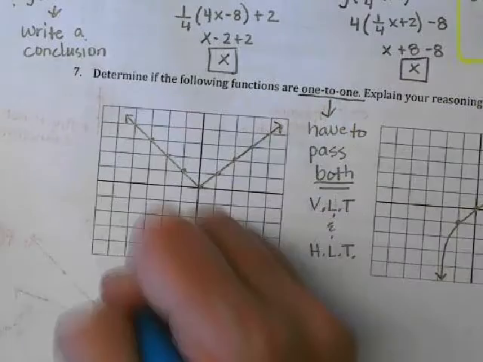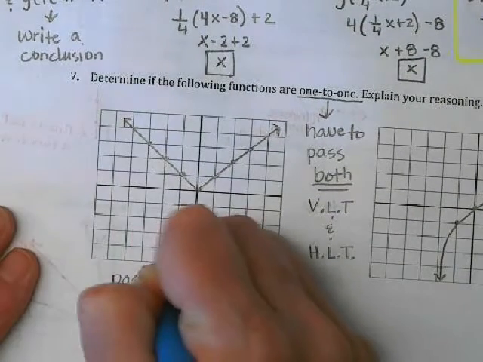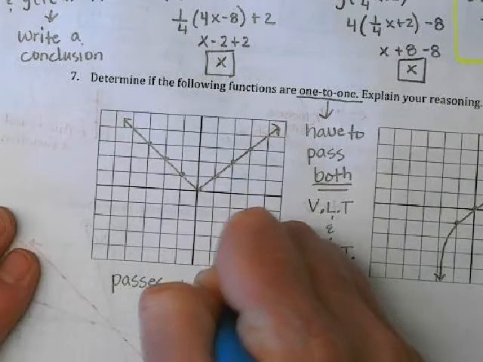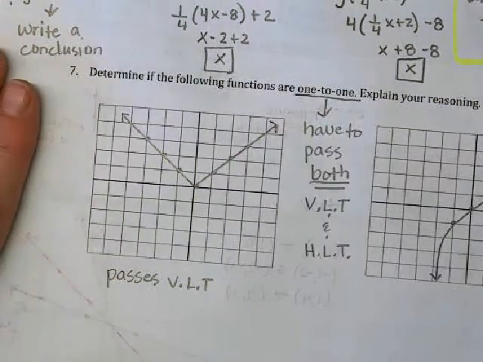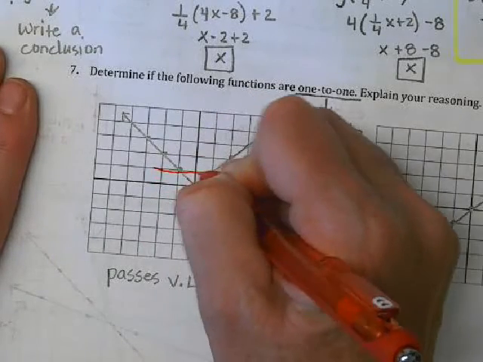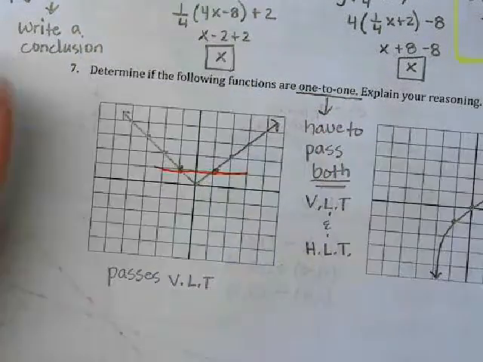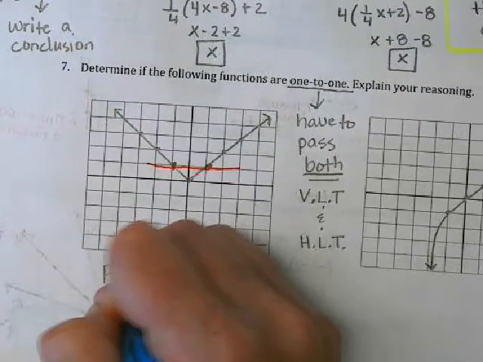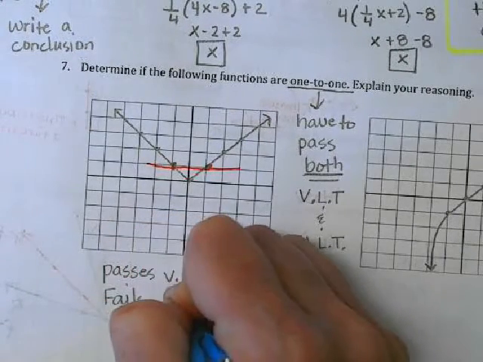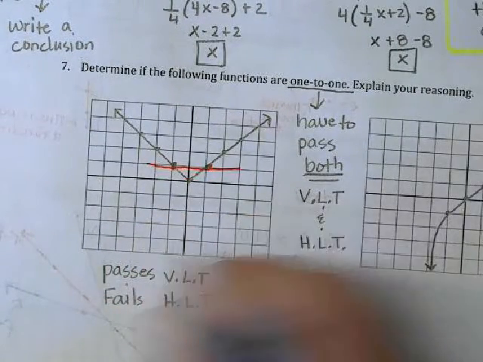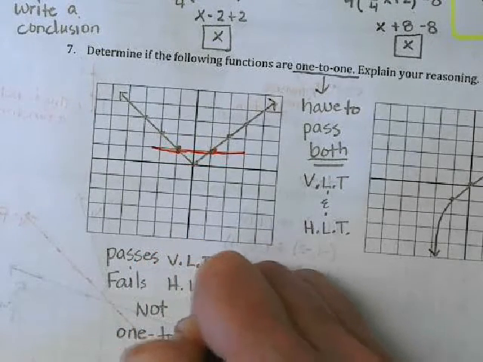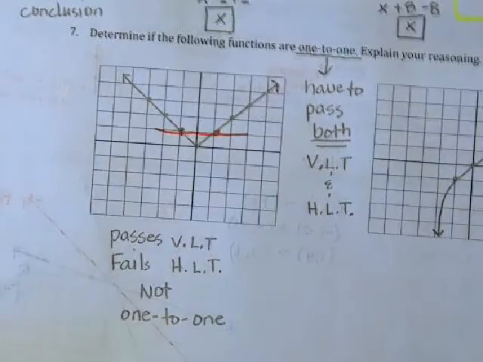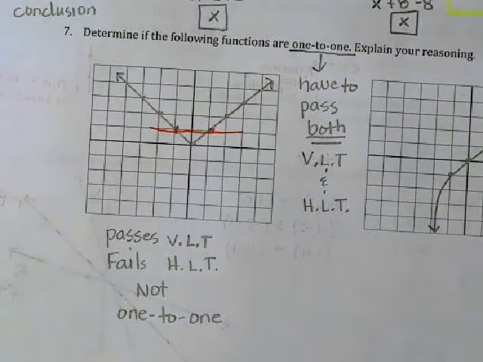That's definitely a function. So I'm going to say passes vertical line test. Now, would it pass the horizontal line test? Definitely not. There's lots of places that I could draw a line that will cross in more than one spot. So I'm going to say fails the horizontal line test, not one-to-one. And one-to-one just means that both the function and its inverse are functions. That's all that means.